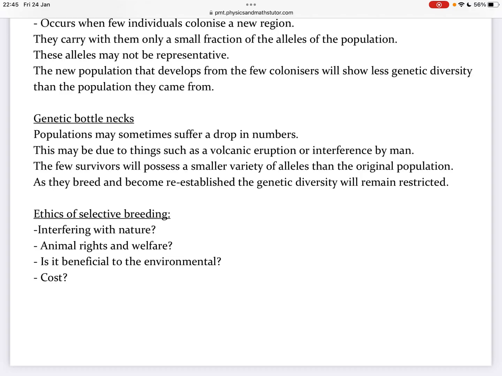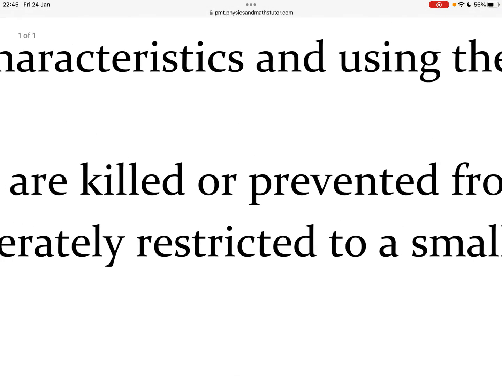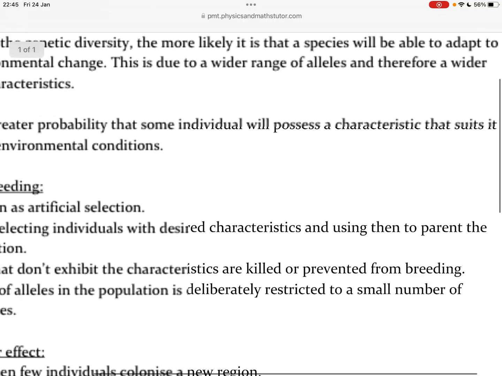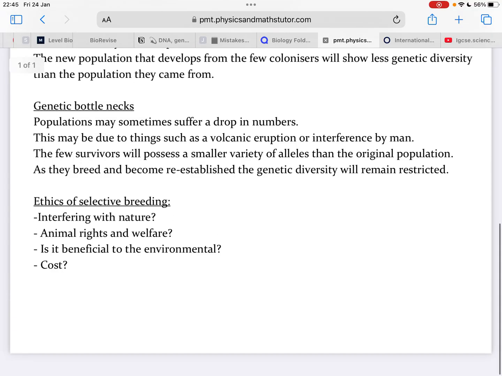So, is it the right of whoever is planting to kill or prevent from breeding the plant or the animal or whatever they do not want to extend? Is it their right?